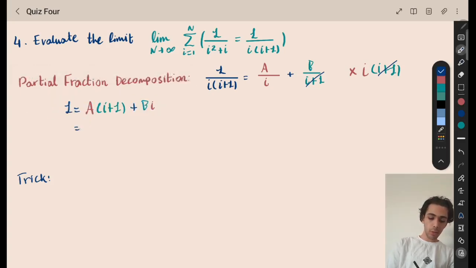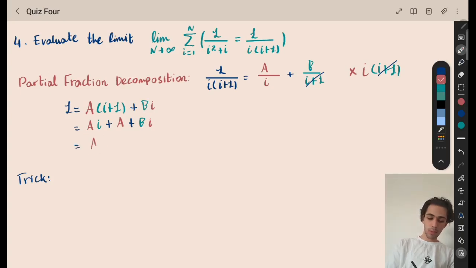Before I do anything, I want to write this expanded form of the bracket: A times I plus A plus B times I. Color coding is very important. Then I have these two as common factors. I'll factor them out.